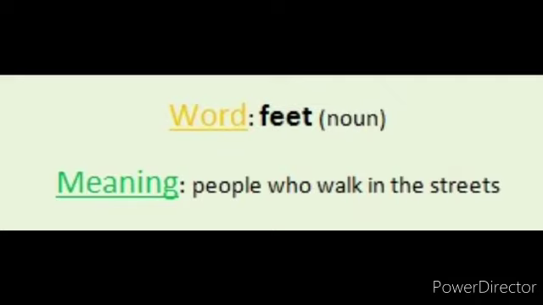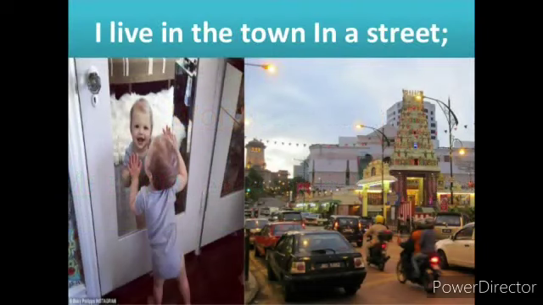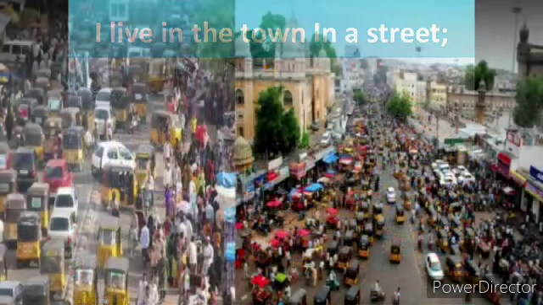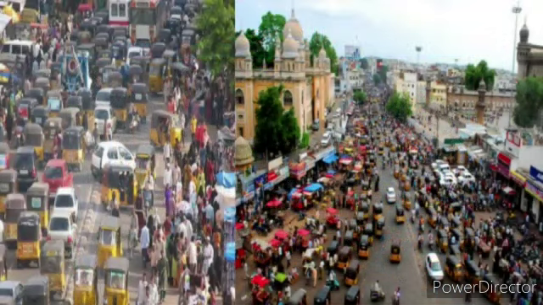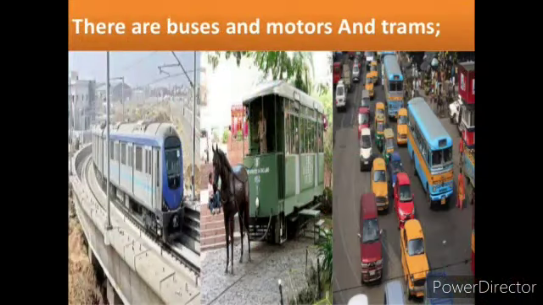So, in the above lines, the poetess tells us that the child lives in a town and the town is fully jam-packed with traffic and people. That is, people walking on the streets. They are pedestrians. The next lines. There are buses and motors and trams.